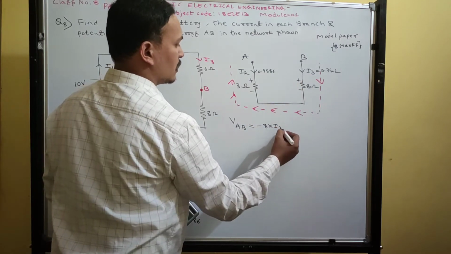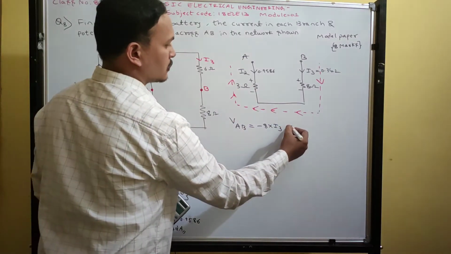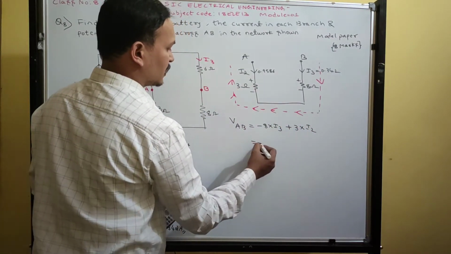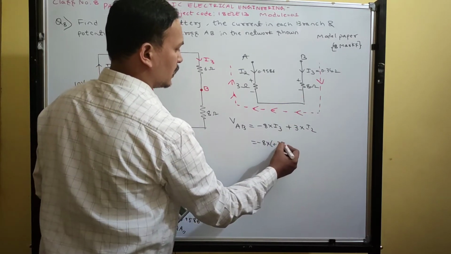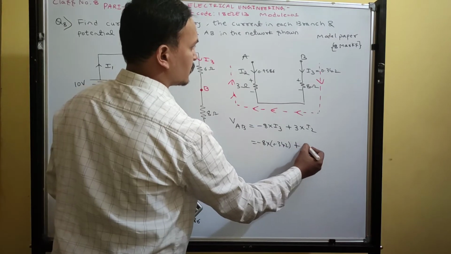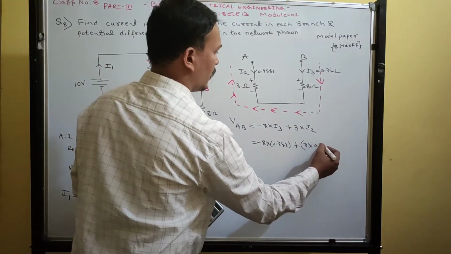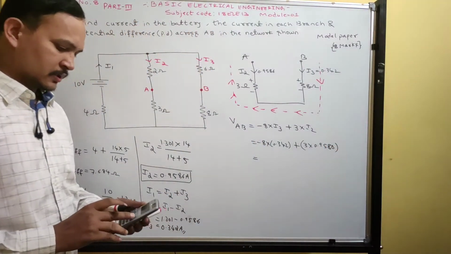Then see the direction flowing from minus to plus. So rise. Plus 3 into I2. Enter the value. Minus 8 into, what is I3 value? 0.342 plus 3 into, what is I2 value? 0.9586.